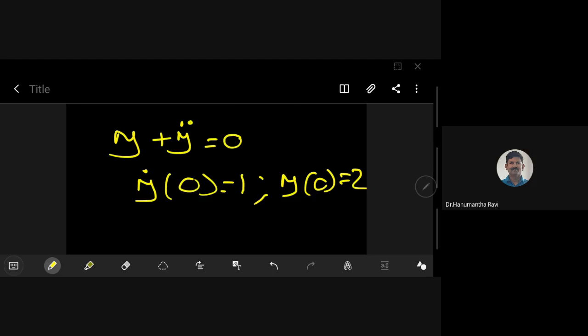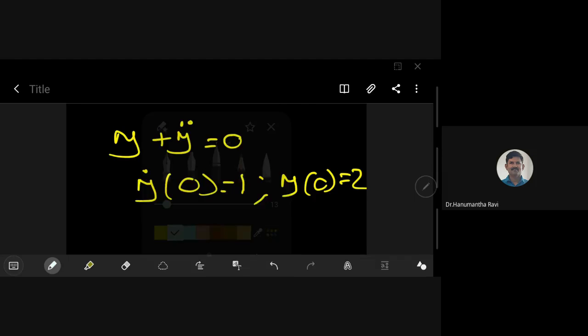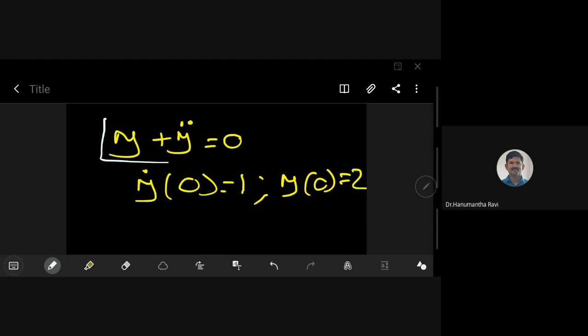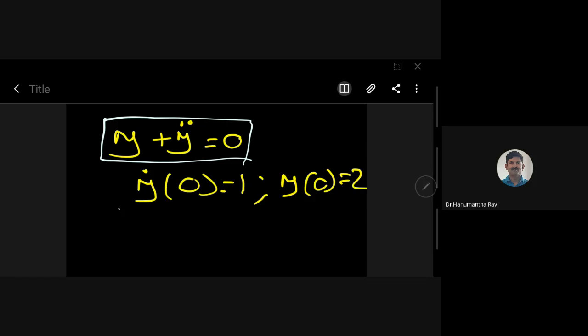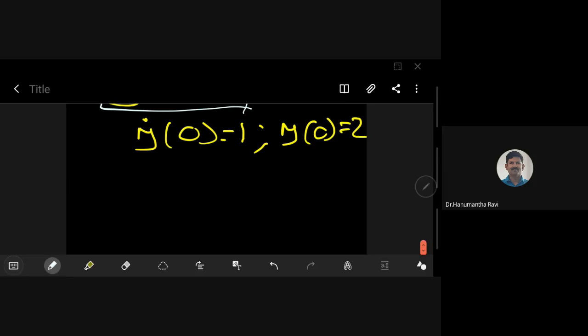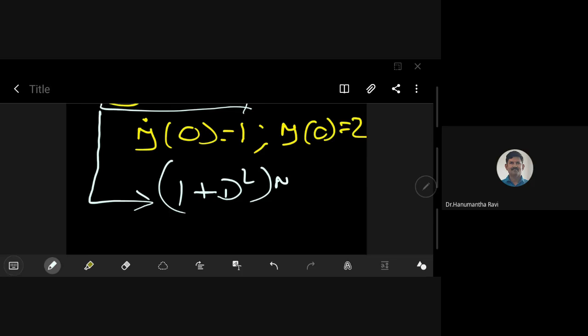So for this differential equation, how can we write in our notation? (1 plus D square) y is 0. Whenever dot is there, the independent variable is considered to be t, or you can take x also, it's not an issue.